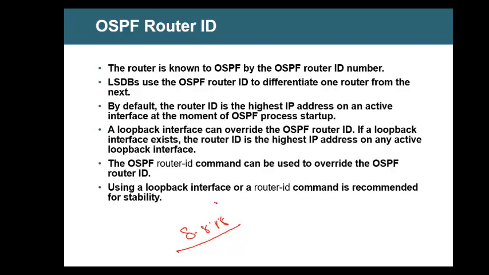Still, you can use this as the router ID. Can someone ping this address? No way, because it's not on any interface. But it can be a router ID because it is just an ID. So router ID is like a name.